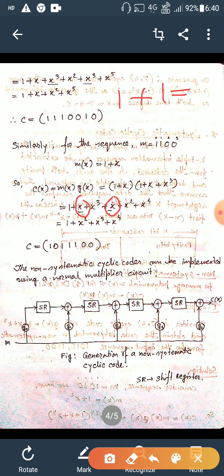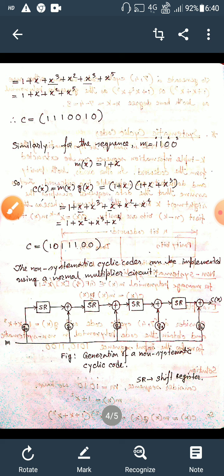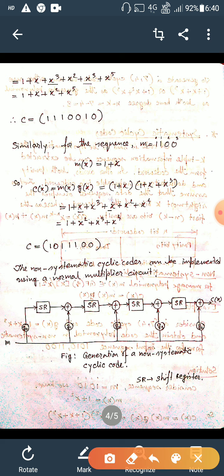For the XOR case, its value will be 0 or 1, what will be? Take an example. Again, I just repeat that x plus x. If we add these two, what will be the value? This will be 0. For this reason, x is not present there.